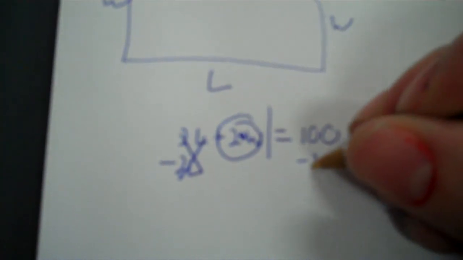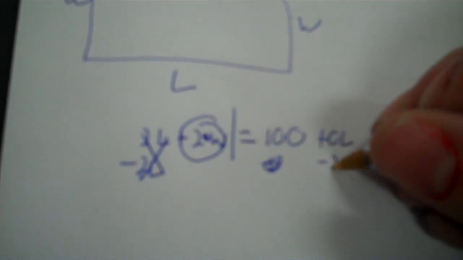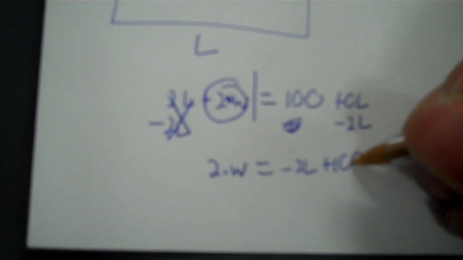Okay, let's get the W by itself again. So minus 2L, minus 0L. See, I don't want to do it from 100 because 100 is not multiplied by L. So it's going to be negative 2L plus 100, and you divide everything by 2.